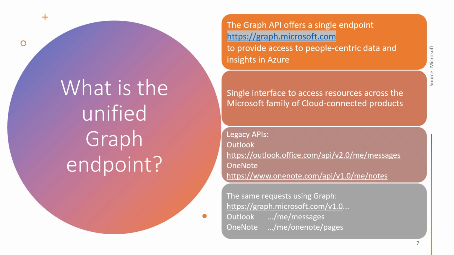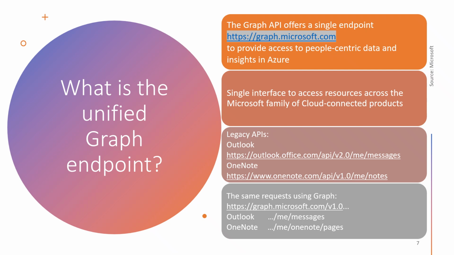Once you know the basic syntax of Graph API requests, you can transfer that knowledge to access all entities available in Graph. And because all entities are available through the same endpoint, there is no need for a discovery service.